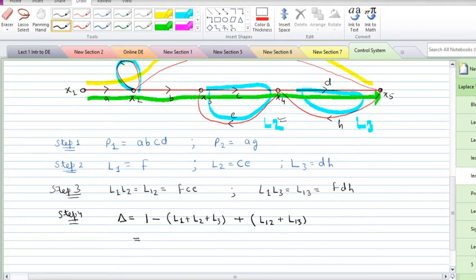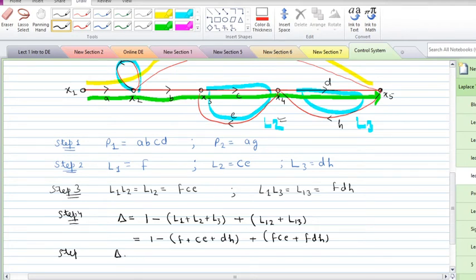If we put in the values, we get the result as 1 minus (F plus CE plus DH) plus FCE plus FDH.